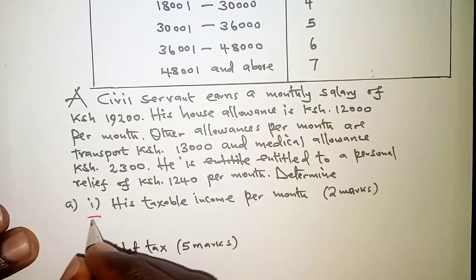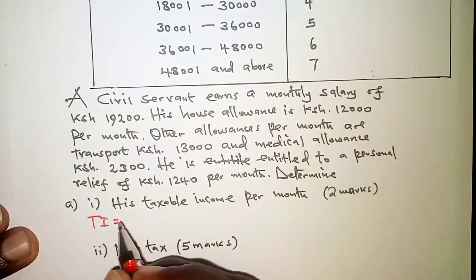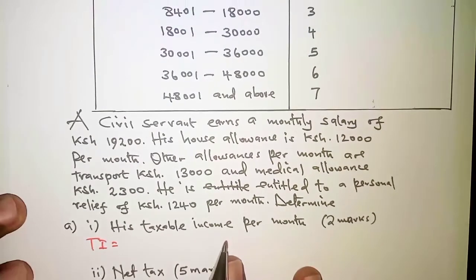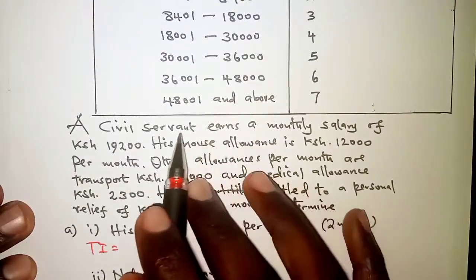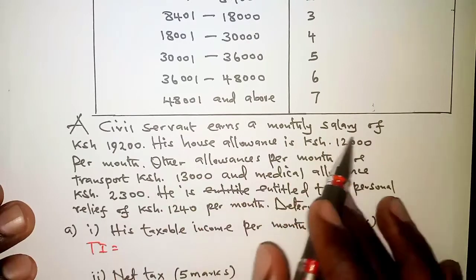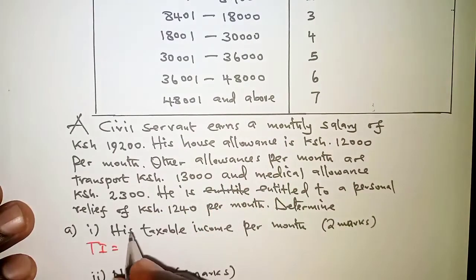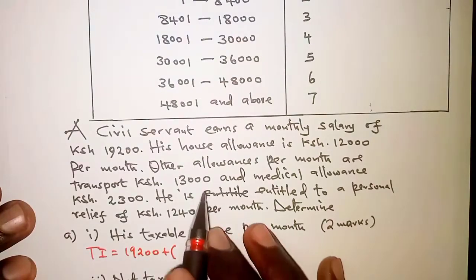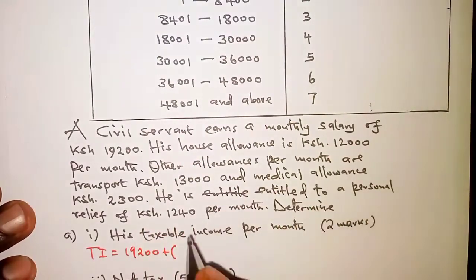Note that taxable income is obtained by taking the basic salary and adding it to all the allowances. The basic salary here is, we are told he earns a monthly salary of 19,200. So we have 19,200 for the basic salary. That will be added to all the allowances. So we have house allowance, which is 12,000.